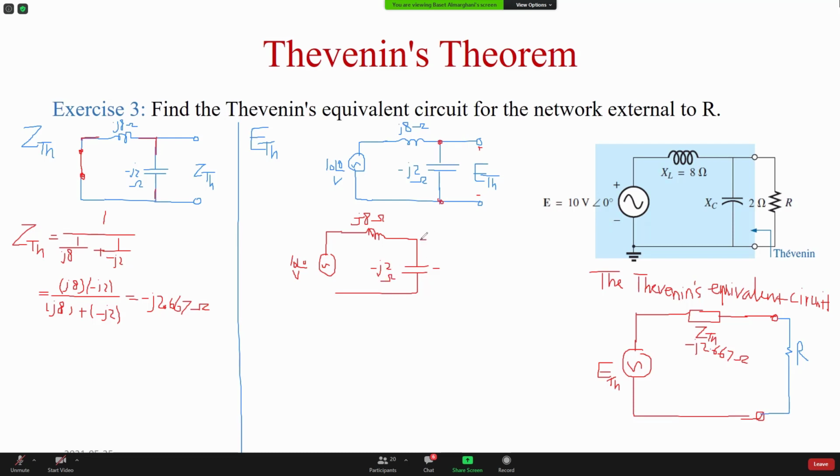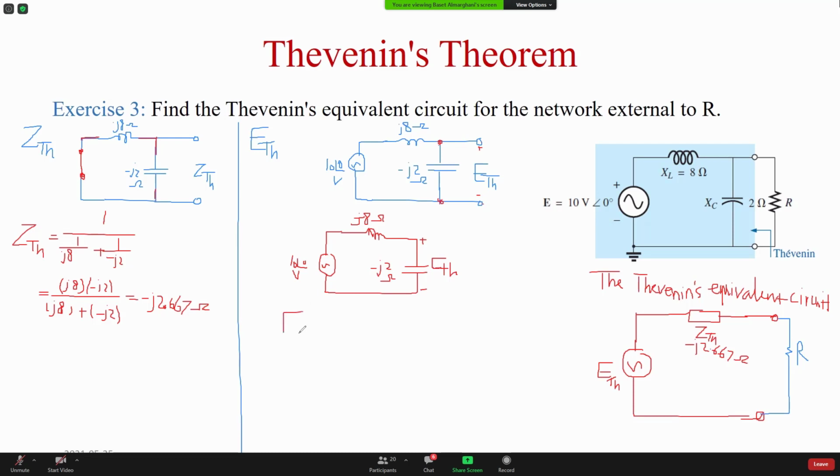Now the voltage across this is E Thevenin. The voltage between these 2 points is the same as the voltage across the capacitor. I can use voltage divider because there is a source and 2 elements, or you can find the current and multiply it by the impedance of the capacitor. That's another thing.